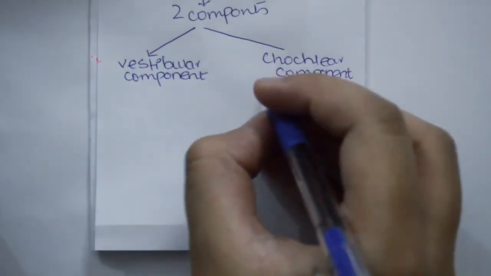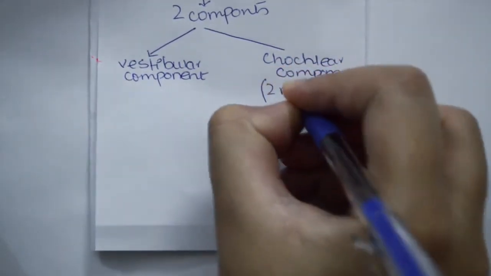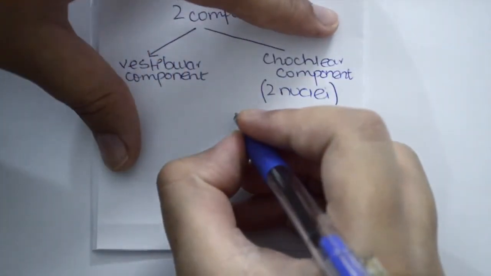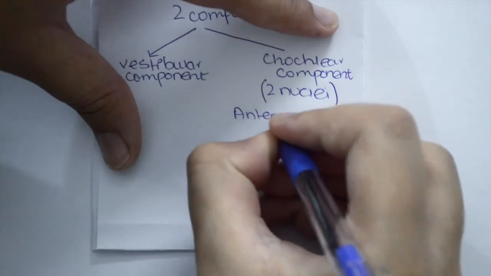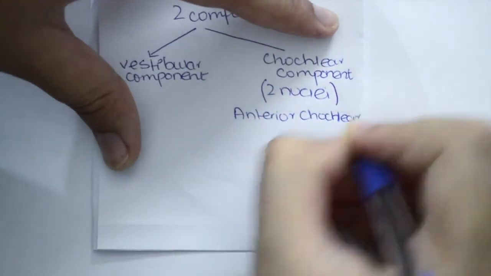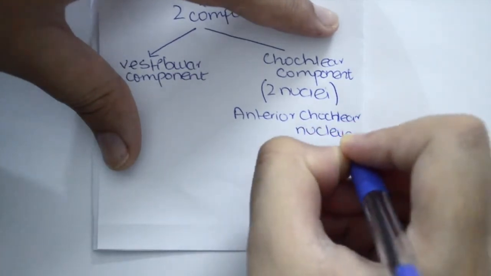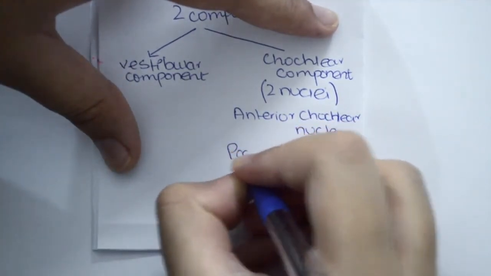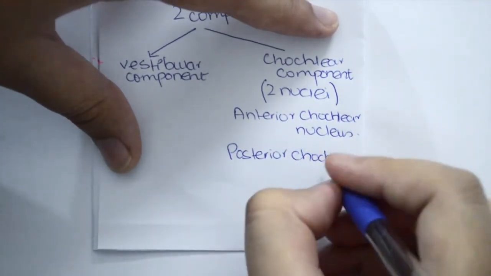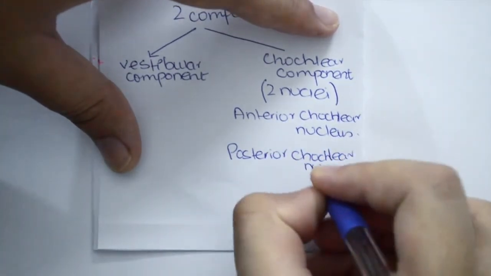The cochlear component has 2 nuclei, and what are the names of those 2 nuclei? It's the anterior cochlear nucleus, it's so simple, and the posterior cochlear nucleus.